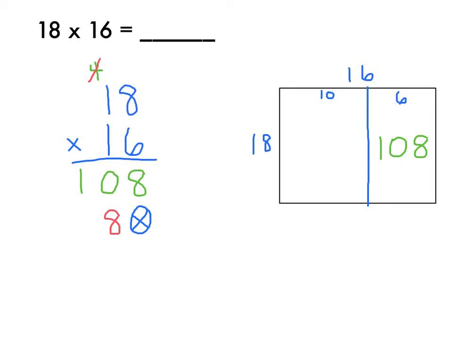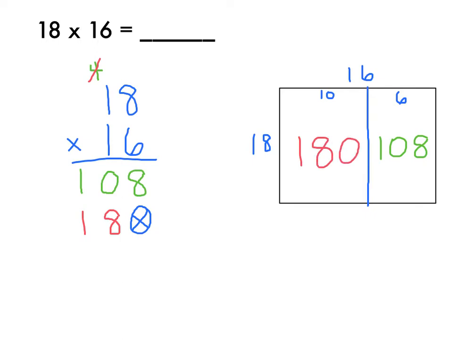I'm going to move on and do 10 times 10, but really I'm just thinking 1 times 1, because with the algorithm I can think of them solely as digits. And 1 times 1 is 1. This makes a lot of sense because I just solved 18 times 10 and I got 180. So I'm going to go back over here and fill in that 18 times 10 is 180.